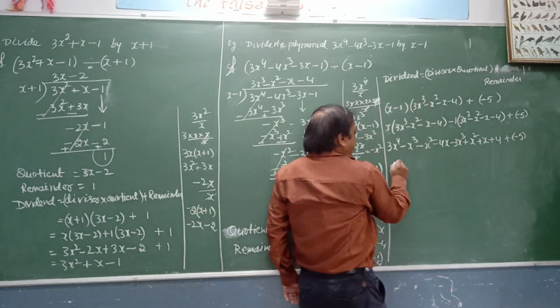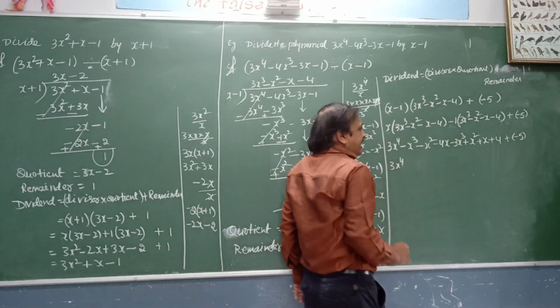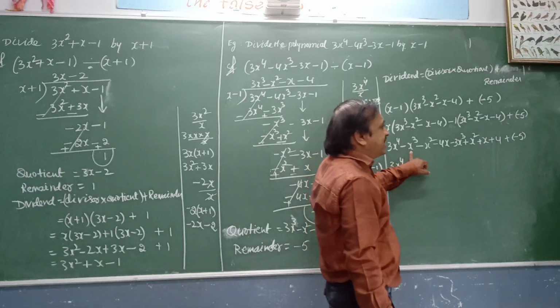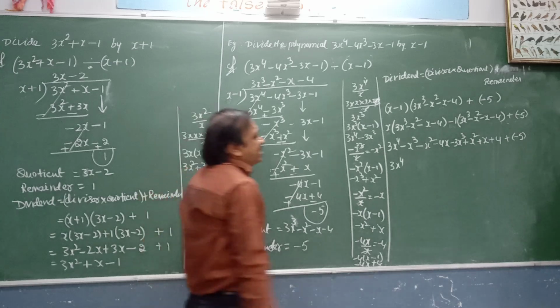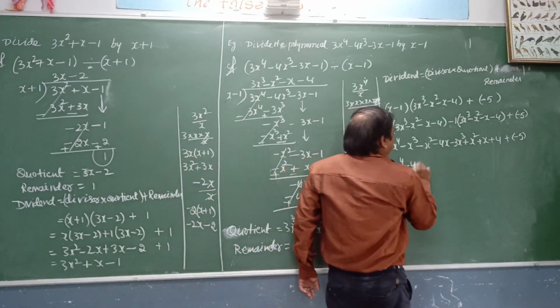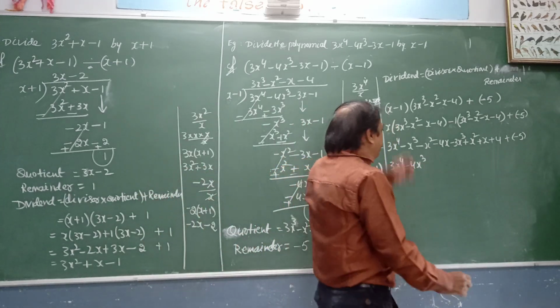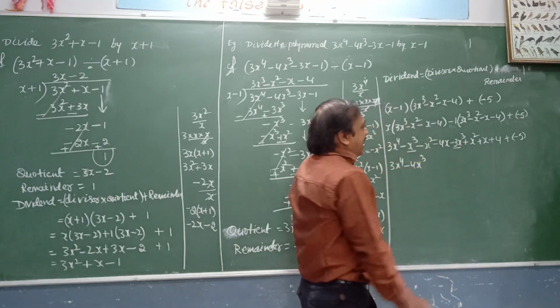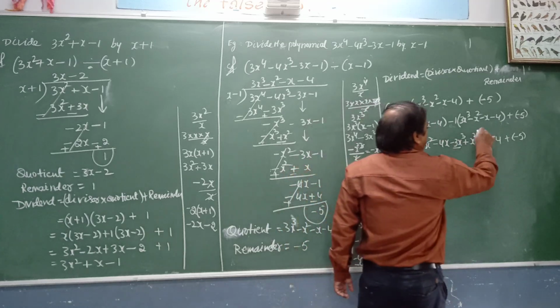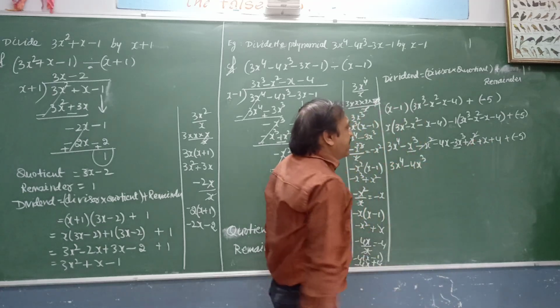Now you see 3x to the power 4. See the like terms, minus 1x cube minus 3x cube is minus 4x cube. Here minus x square plus x square both get cancelled.